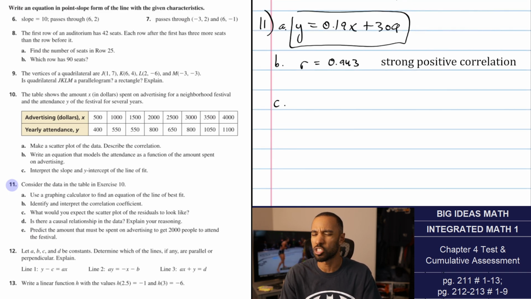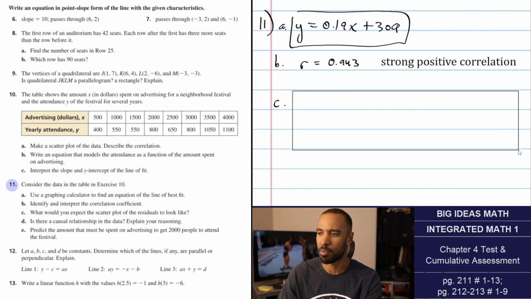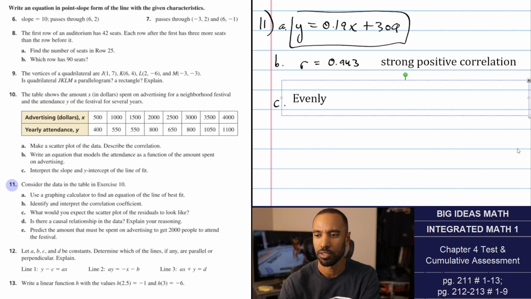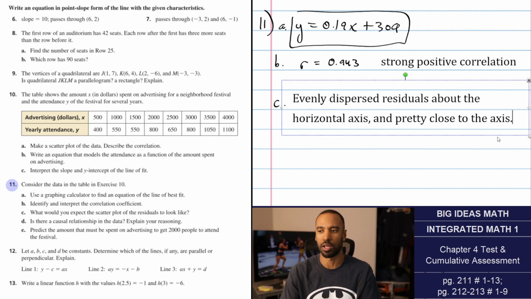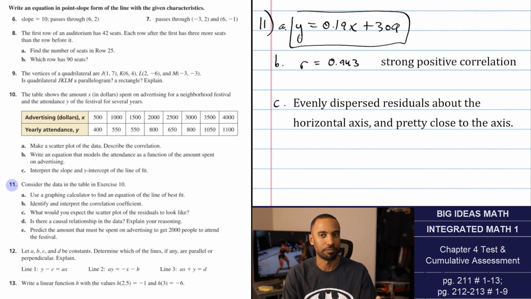I think they always said even dispersement. So evenly dispersed residuals about the horizontal axis, and pretty close to the axis. Relatively so. I mean, everything is relative to this. If you're a couple hundred off, it might be relative to these values.